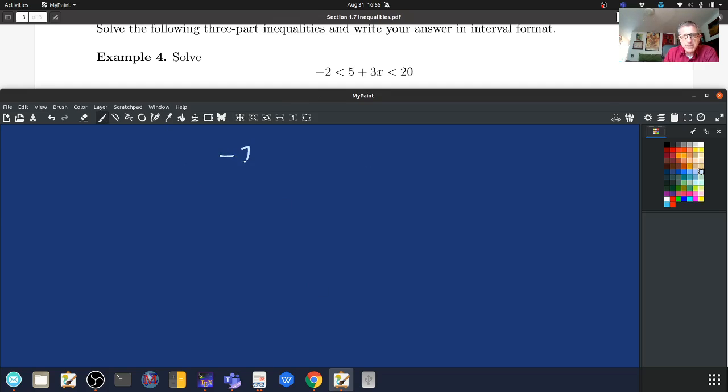When I say minus 2 is less than 5 plus 3x, which is less than 20, what I really have is a compound inequality. Remember, a compound inequality is two linear inequalities connected by the word and is one choice and or is the other.